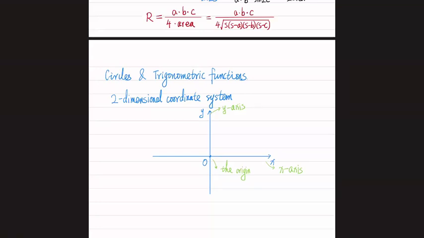Okay. Then for any point on the two-dimensional plane, we draw 2 perpendicular lines, one to each axis.